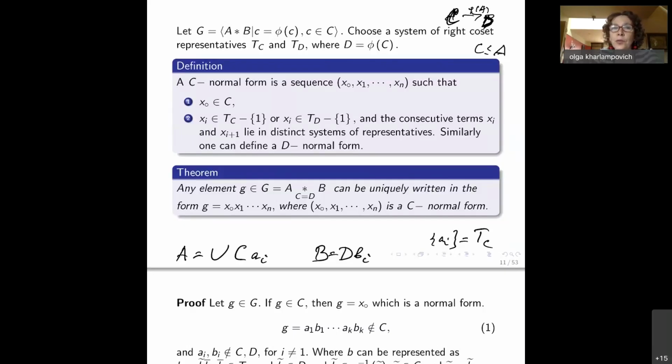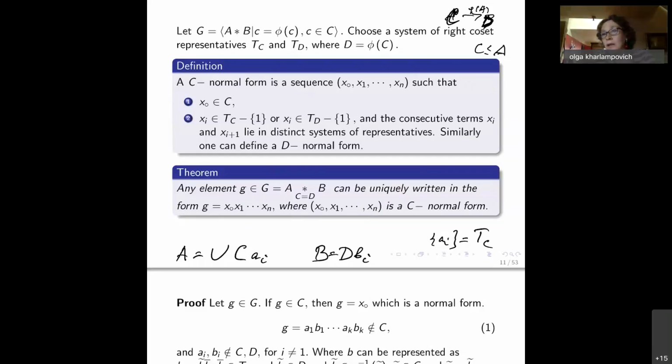So if x1 belongs to TC, then x2 belongs to TD. Similarly, we can define a D normal form. It will start with an element in D, but elements from D in this group are equal to elements of C. So this is a C normal form. And the result is that if you have an amalgamated product, then every element can be uniquely written as a product of these elements, where this is a C normal form.